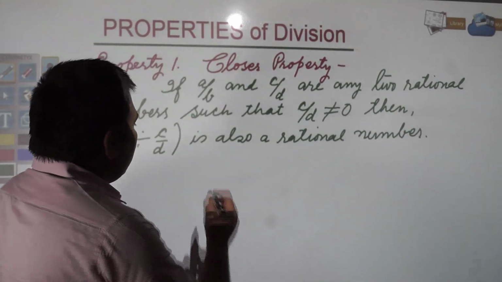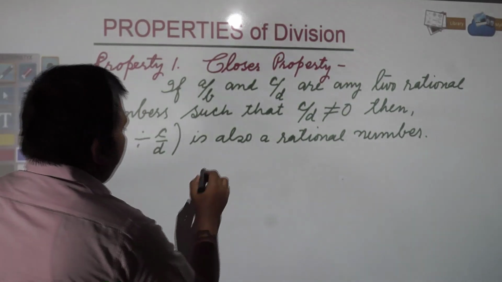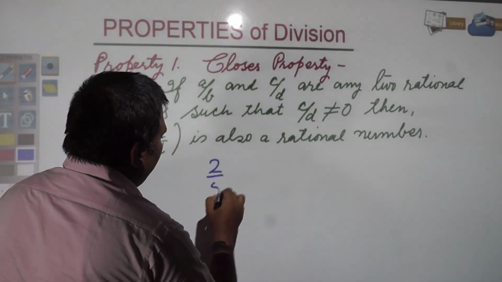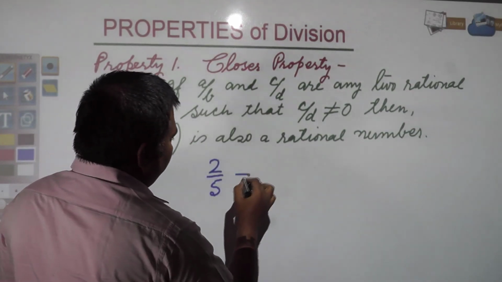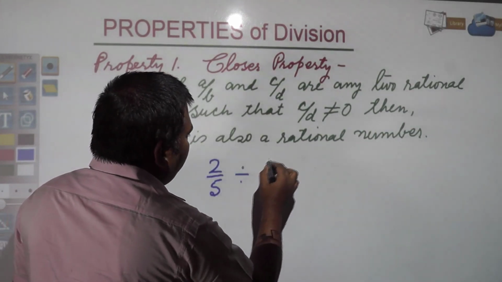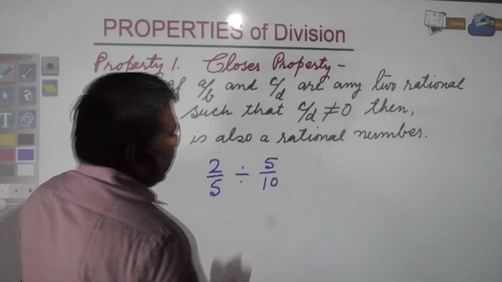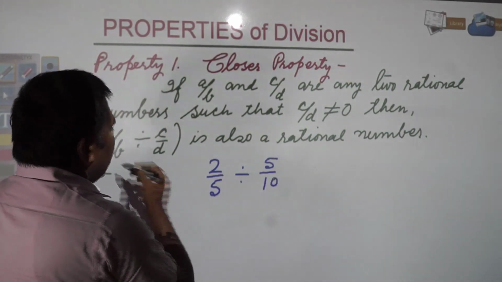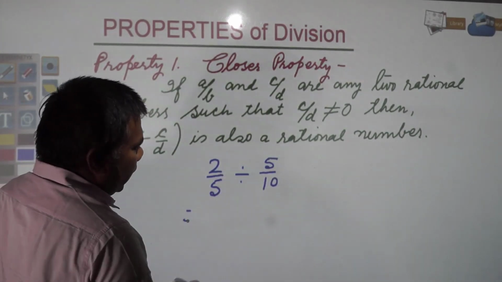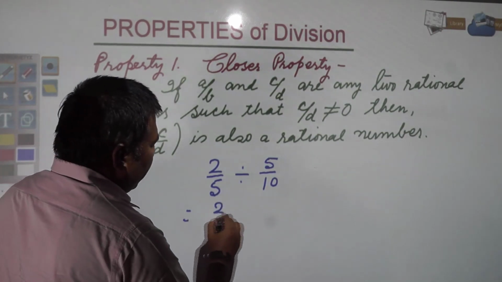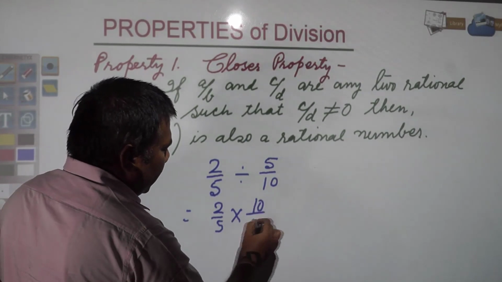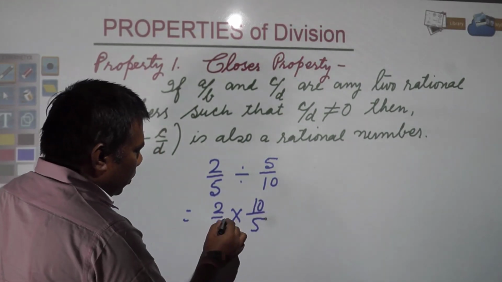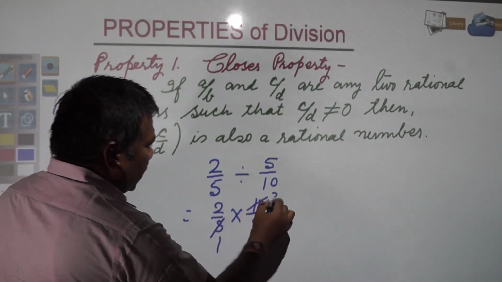Take an example. Suppose we have 2 by 5 divided by 5 by 10. Then find out what result you are getting. So 2 by 5 into 10 by 5 can be written. Now 5 1 is 5, 5 2 is 10.